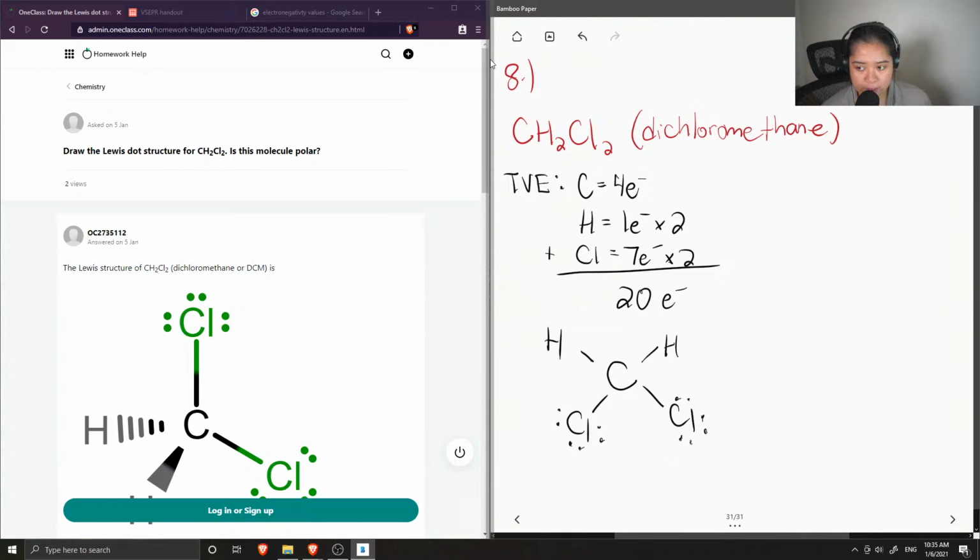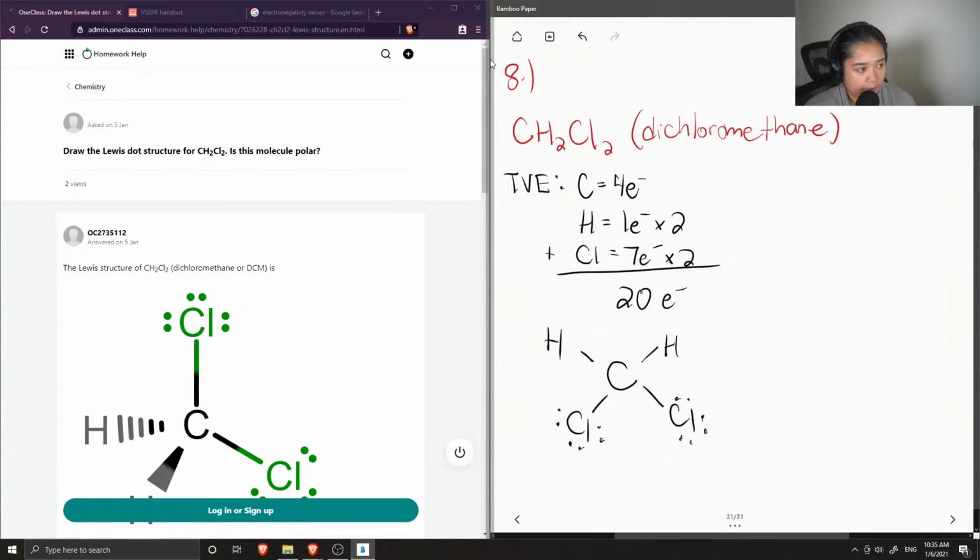So it can only be used in the single bond. So now let's count out how many electrons I've drawn so far. If we recall that each bond contains 2 shared electrons, we have 4 bonds, so we have 8, 9, 10, 11, 12, 13, 14, 15, 16, 17, 18, 19, 20. So we have already drawn our 20 electrons.